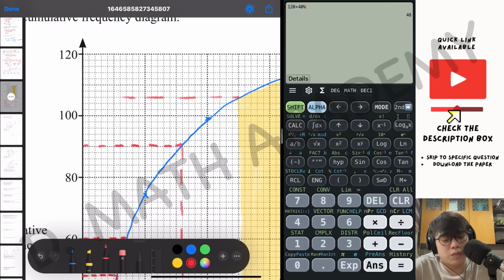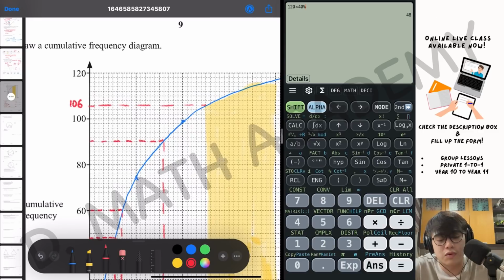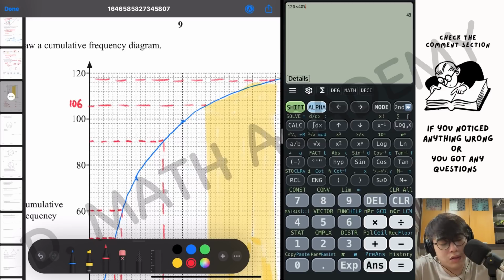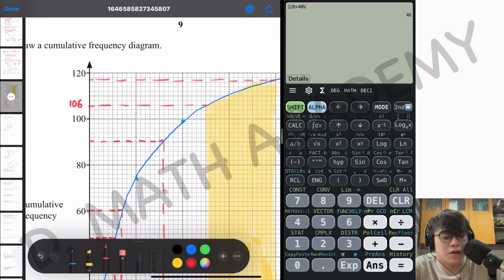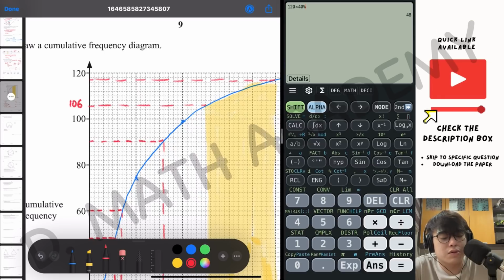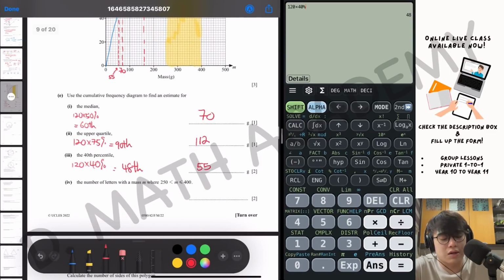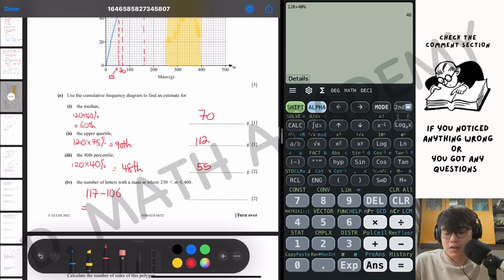All the way it was worth around 106. And for the top one, it's somewhere around here. That is actually 117. So between this 117 to 106, 117 minus 106, then you get your answer as 11.